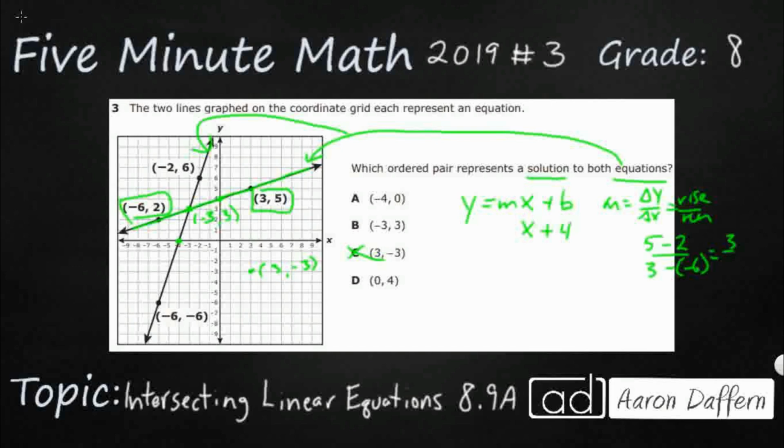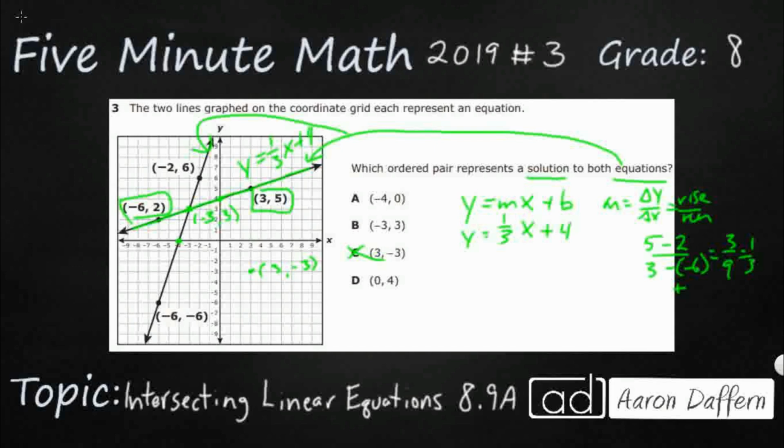So that's 3 over, minus a negative is a plus, 3 over 9. So that's 1/3. All right, so y equals 1/3 x plus 4 is what I think this one is. Y equals 1/3 x plus 4.